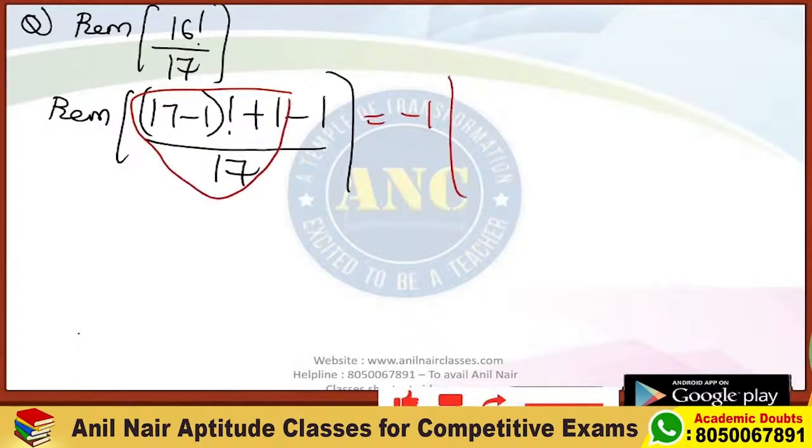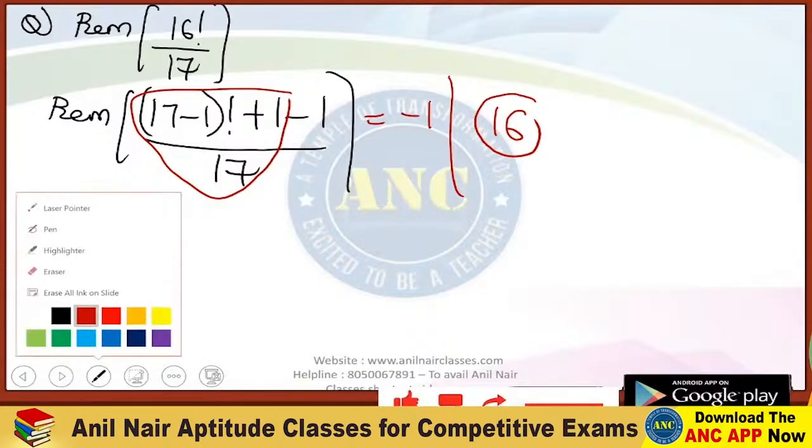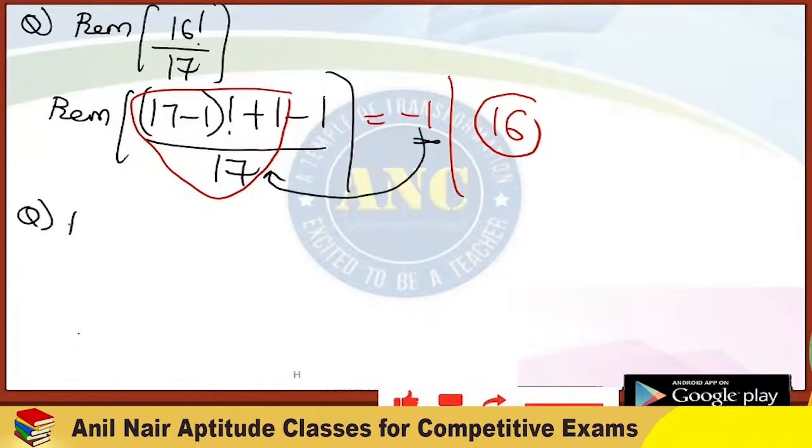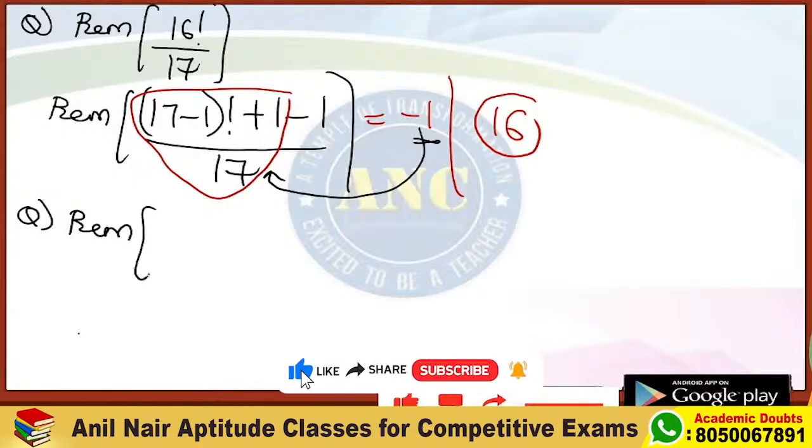So the negative remainder is minus 1. Positive remainder will be 16. If you get a negative remainder, add it with the denominator.